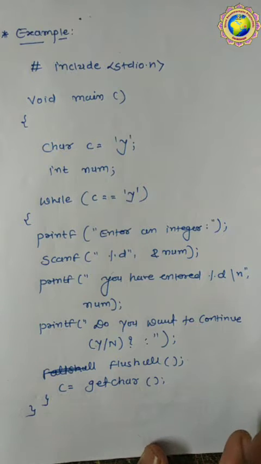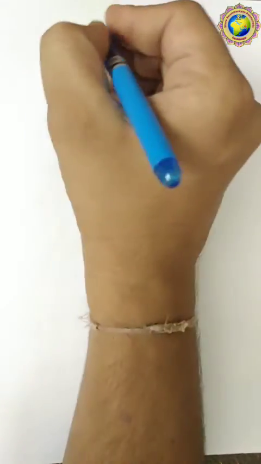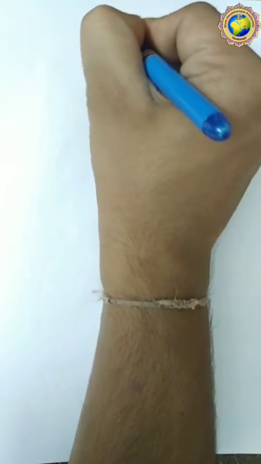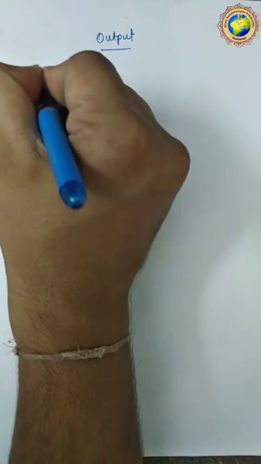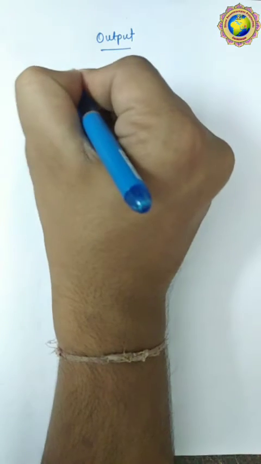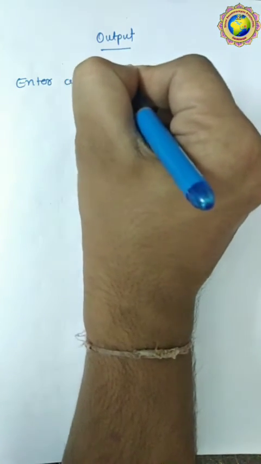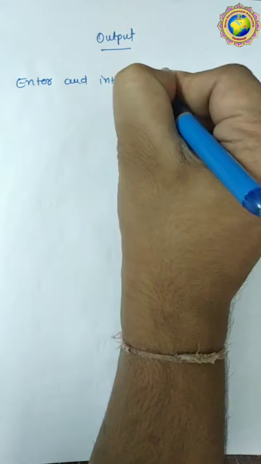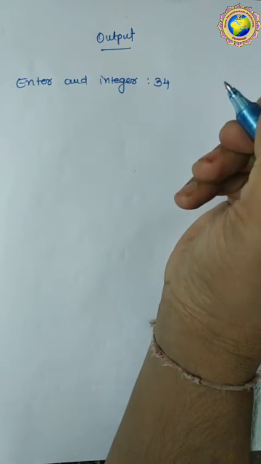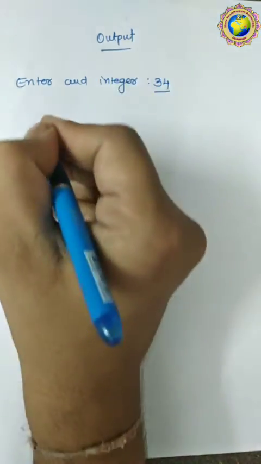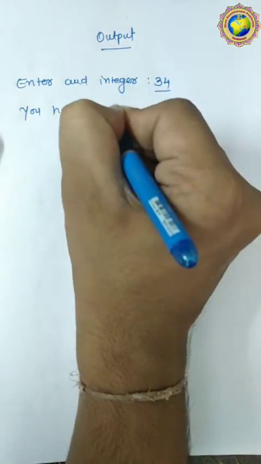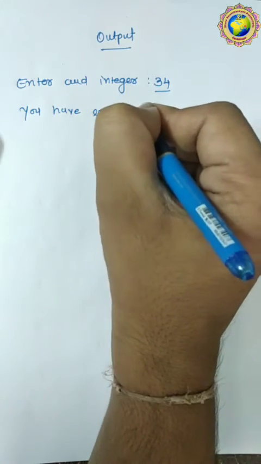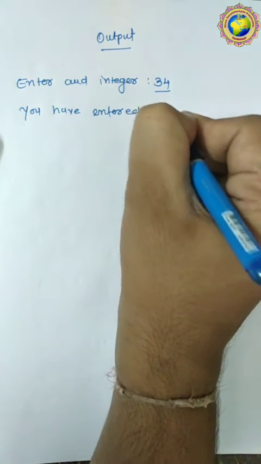So let's see what the output of this program is. The output is: Enter an integer, that is 34. For example, I enter 34, then the output is: You have entered 34.